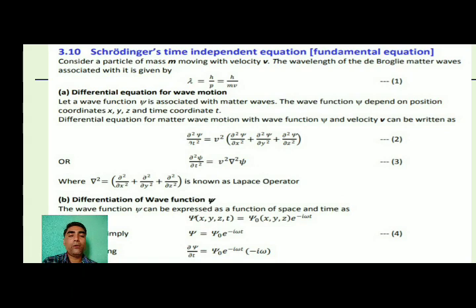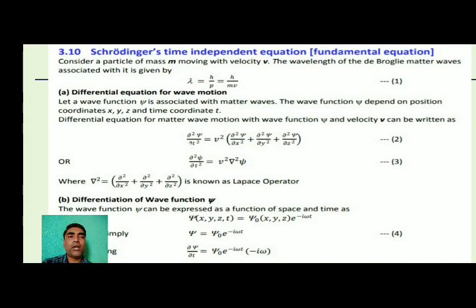The wavelength of this matter wave is given by lambda equal to h by p, where h is Planck's constant and p is the momentum of the moving particle. Here lambda is equal to h by mv.